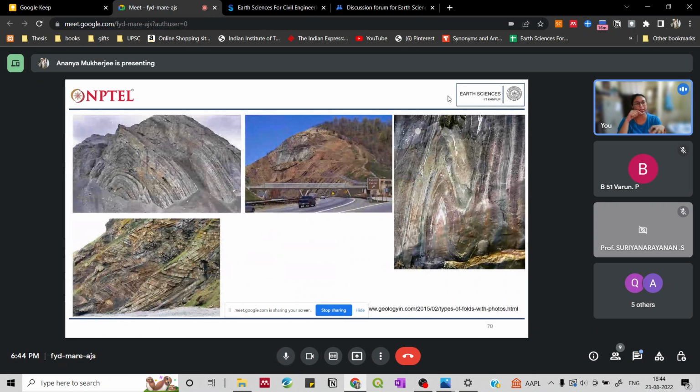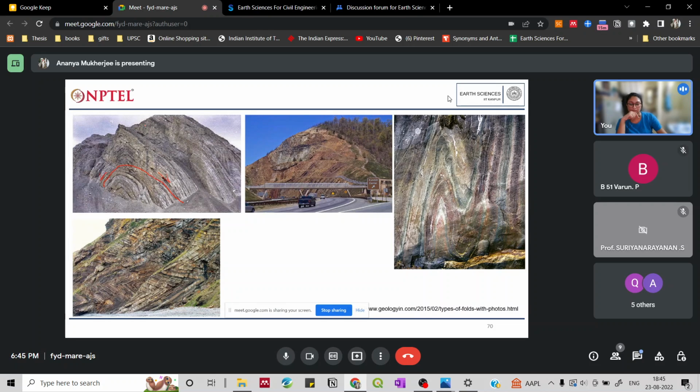Now here are some examples that we see in the field when we visit different sites. Over here you can see that the fold is going like this. Now we see that the limbs are dipping away from each other.